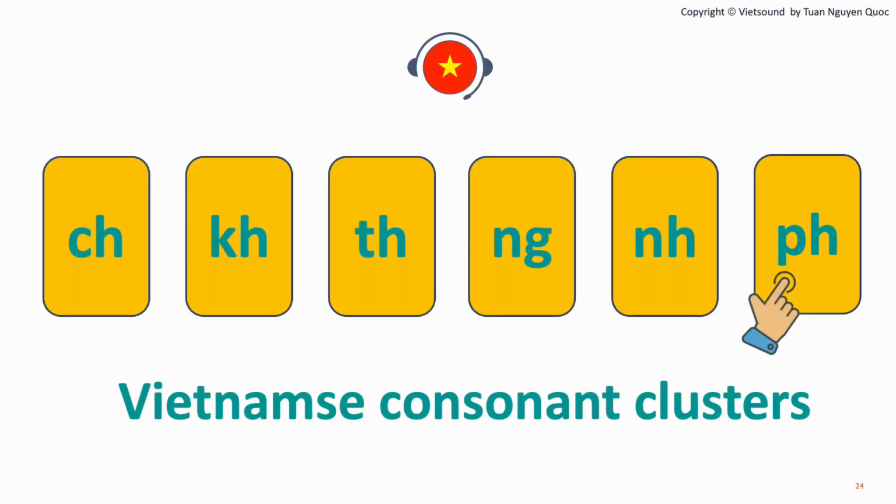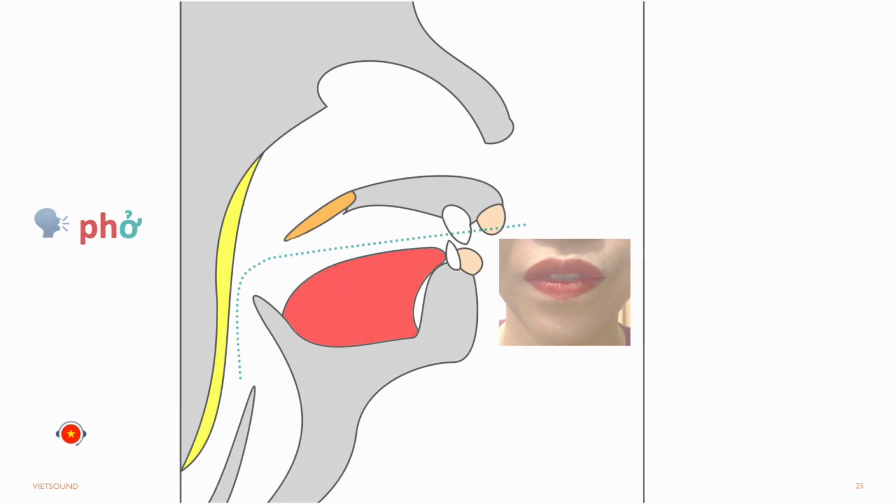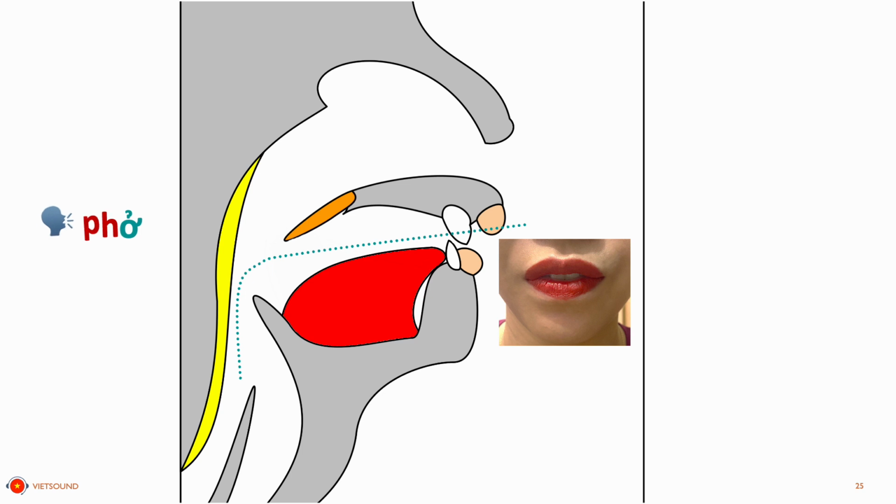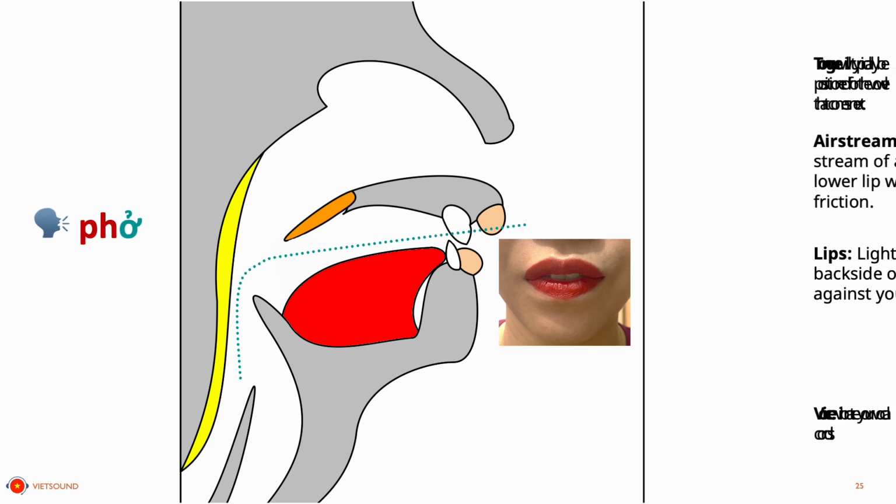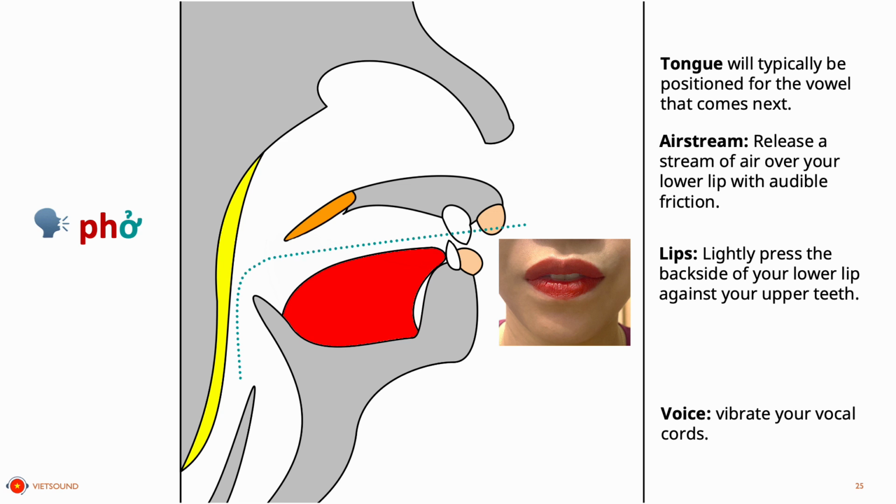The f sound. The f sound always occurs at the beginning of the word, like in the word phở. Now let's see how to pronounce the f sound. To pronounce the f sound, your tongue will typically be positioned for the vowel that comes next.